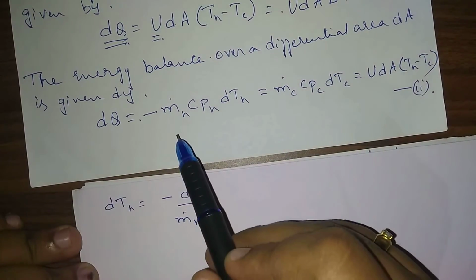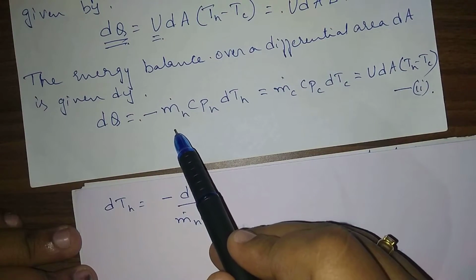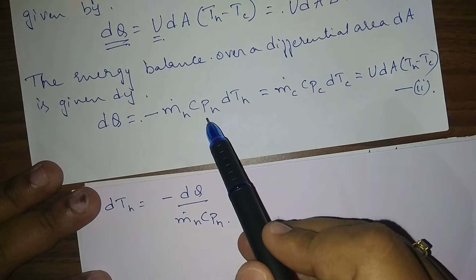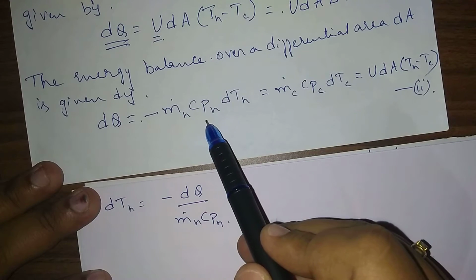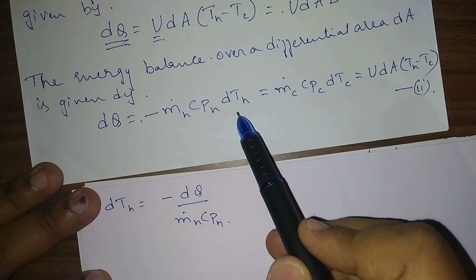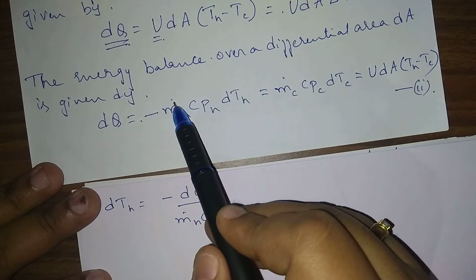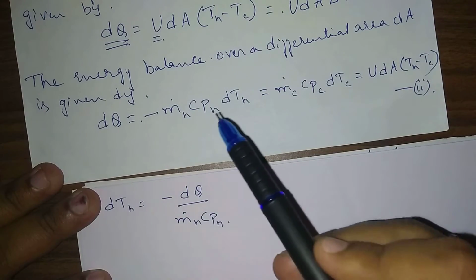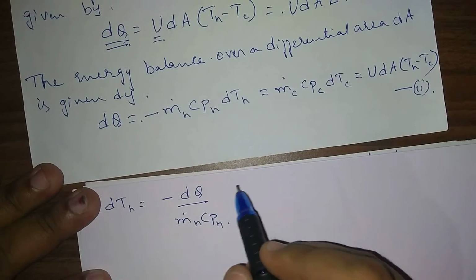By the way, what is this m dot h? Mass flow rate of hot water. What is Cph? It is the specific heat of hot fluid. Th is the temperature. Similarly for the cold fluid. m dot represents the mass flow rate, kg per second. Always it should be in kg per second.